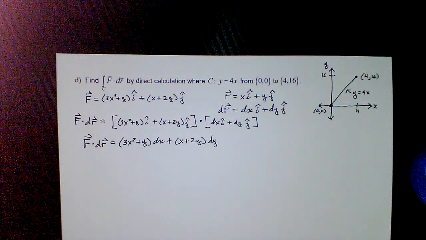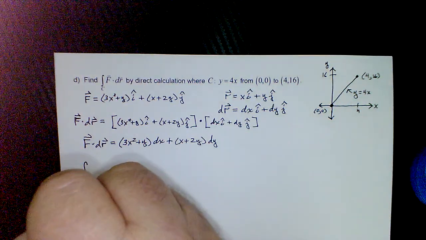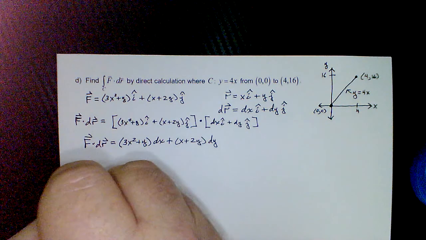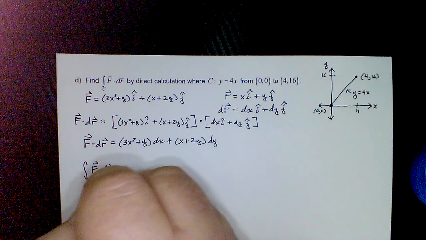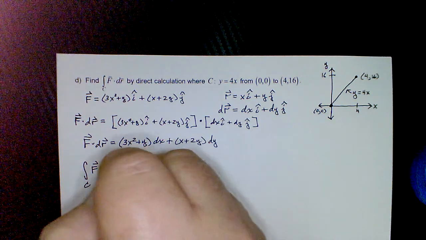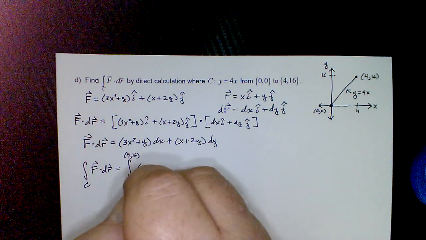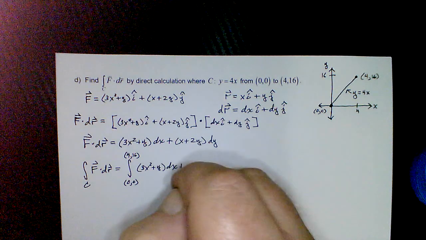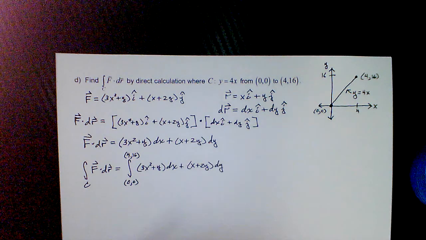So now we have to evaluate the integral of f dot dr along this curve, which is the integral from 0, 0 to 4, 16 of what we just found, 3x squared plus y dx plus x plus 2y dy.